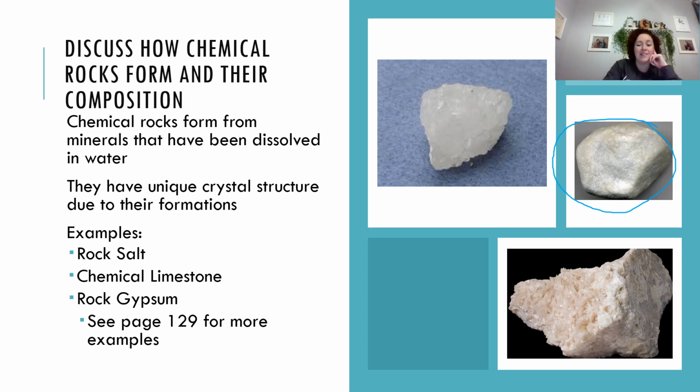It looks almost like talc, feels a little bit like talc, not as soft as talc. And then rock gypsum, very similar to the pearly fibrous gypsum that you identified in your mineral boxes. So yeah, chemical, you don't necessarily see the different minerals coming together.